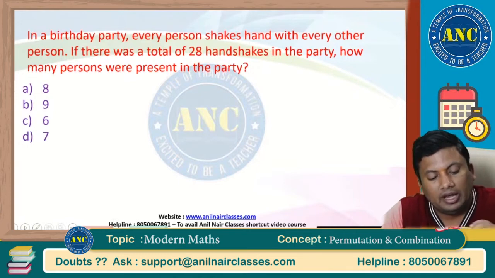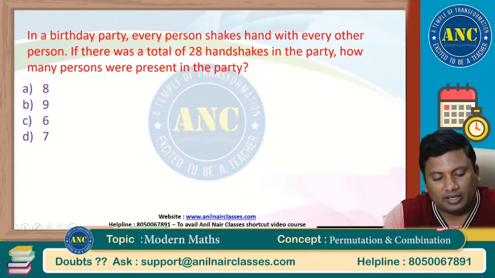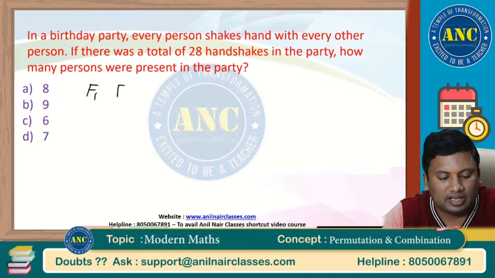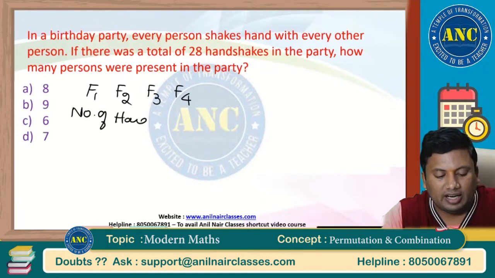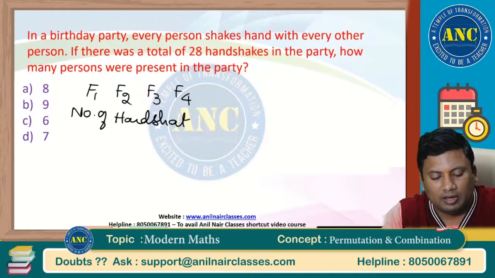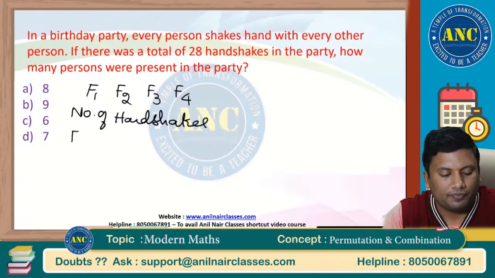Now, in a birthday party, suppose there are 4 friends, F1, F2, F3, F4. Number of handshakes. Previous year exam related question, sir. F1 shakes hands with F2.